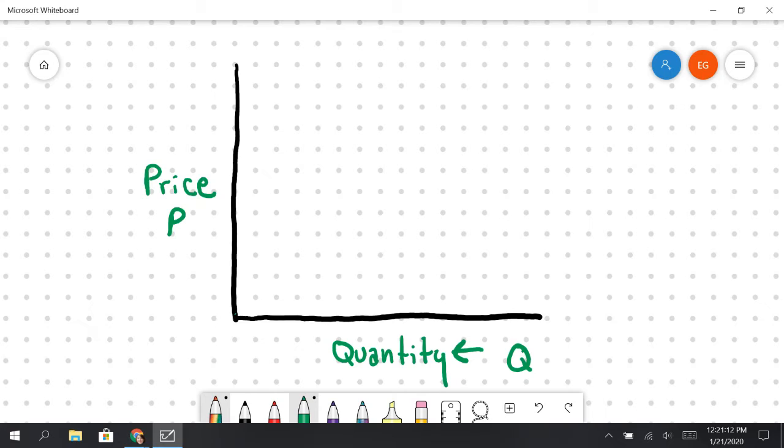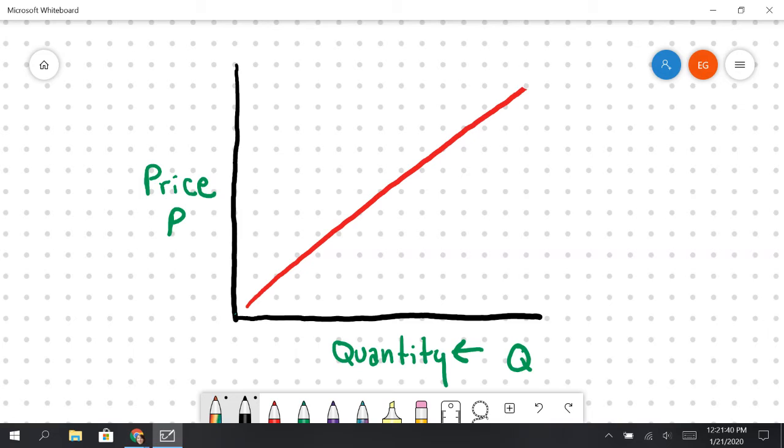The first one is supply. It usually looks like this. Now, as you can see, this is a positive line, so it is going this way. But in general, when supply and demand graphs are shown, they don't have the actual arrow. So what this means is, as time goes on, generally, supply increases.